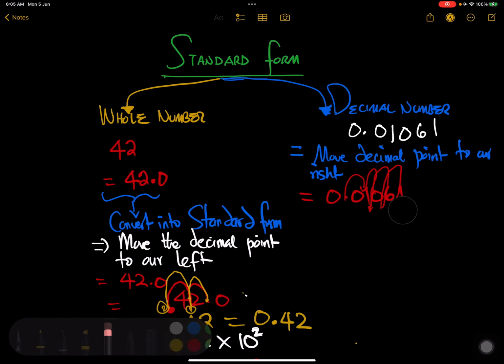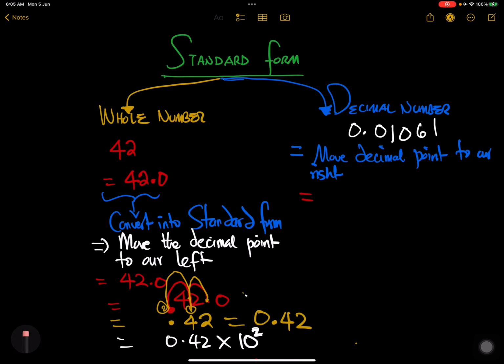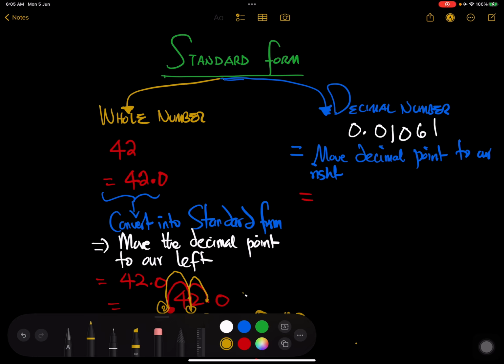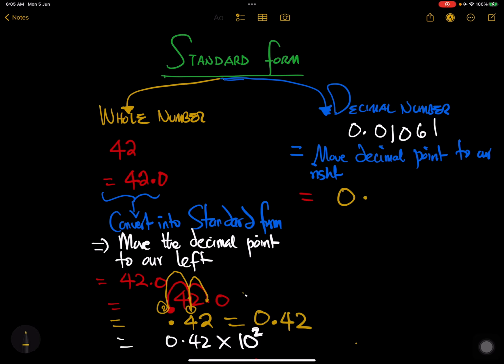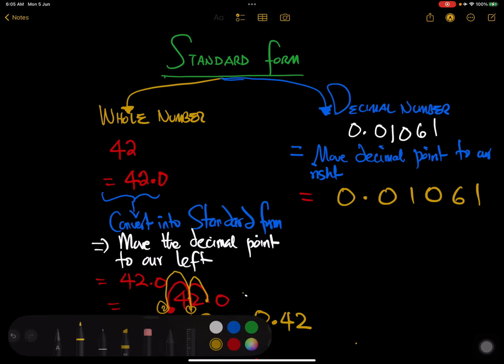I would like us to take it again. It doesn't look neat at all. Let's do it very well. Let's take our time. So we are having 0.01061. We're saying that we're going to move it.